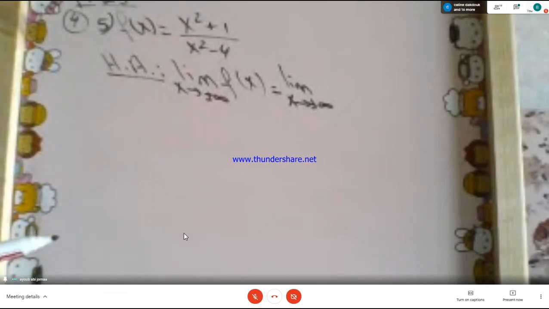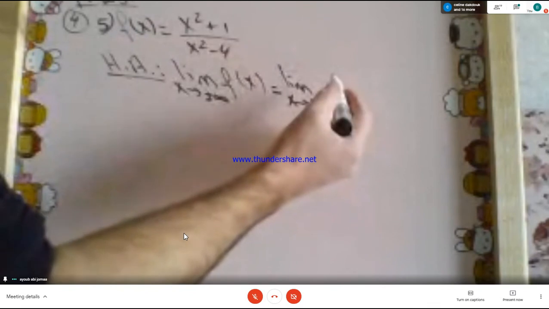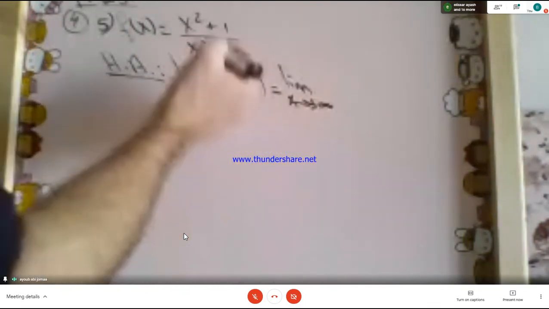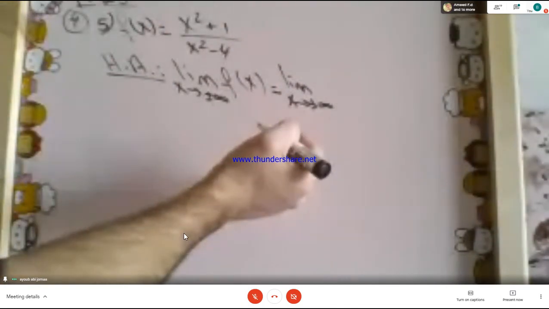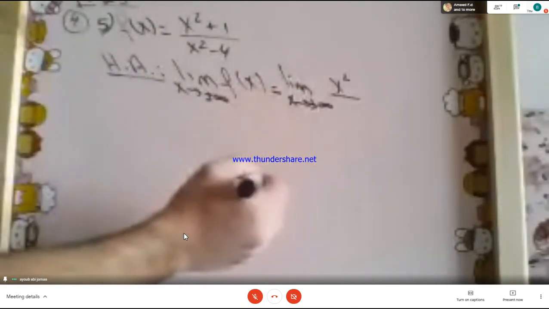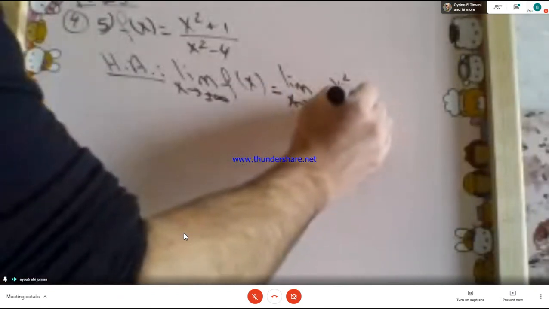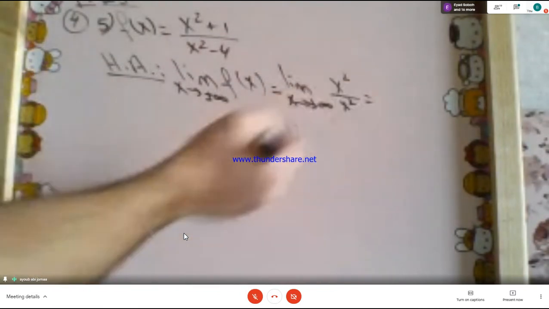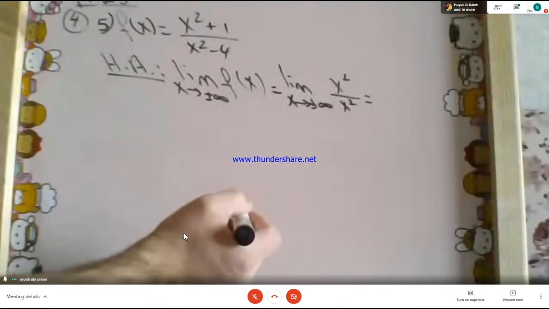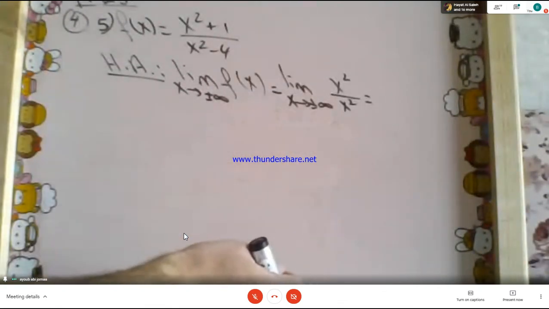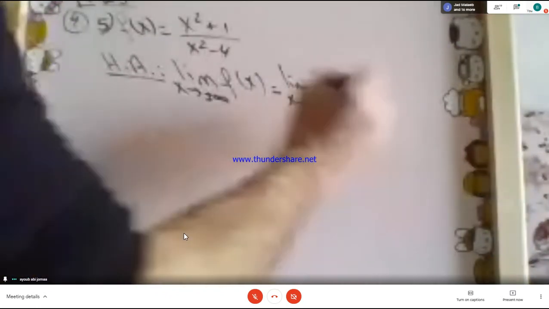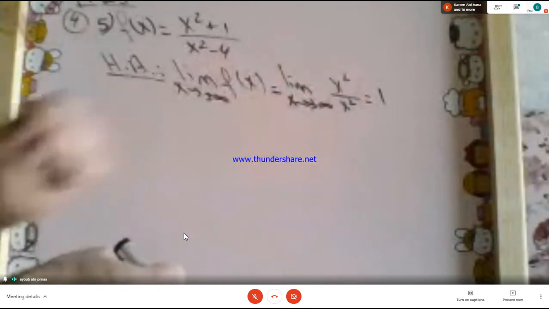So what do I write? x squared over x squared. Don't replace, simplify first. x squared over x squared is x over x, and the answer is 1. So the limit at infinity is 1.